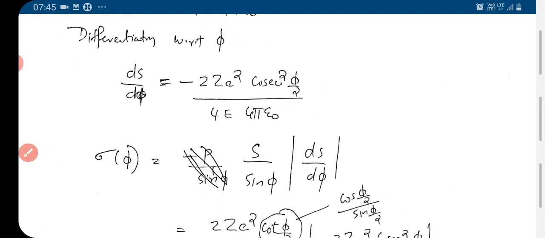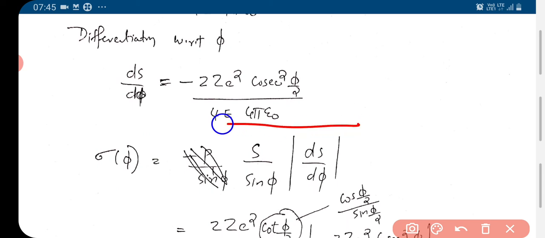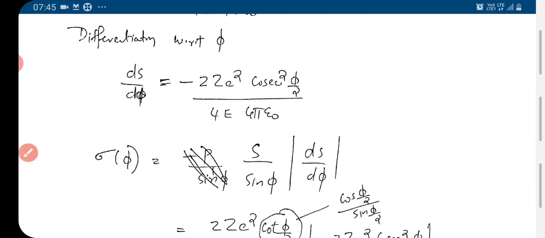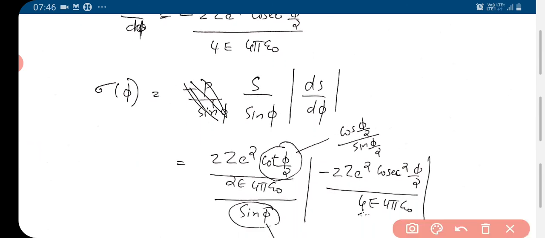So sigma of phi, the scattering cross section as a function of scattering angle, we have written as S by sin phi modulus of ds by d phi.